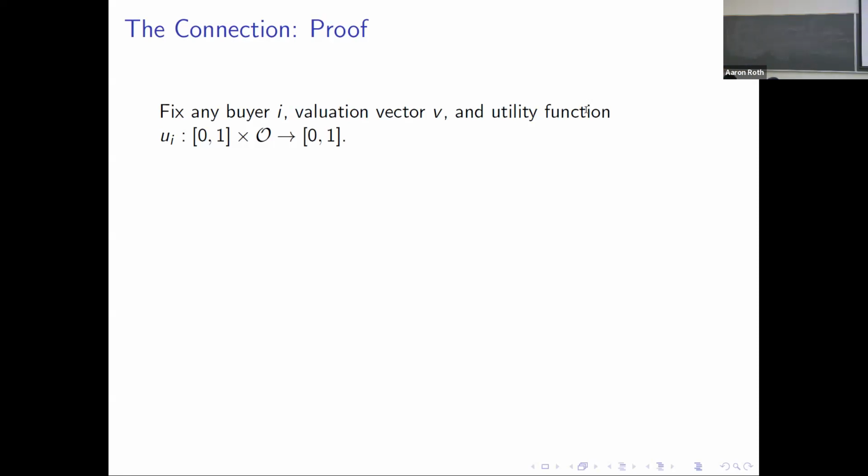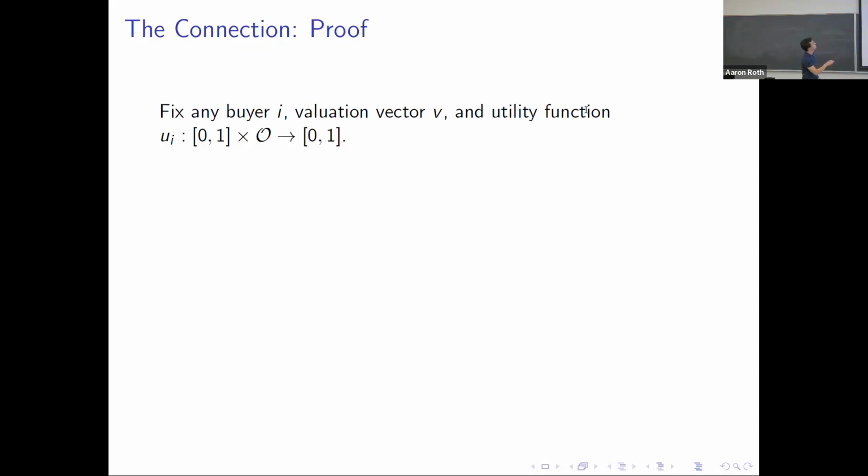Their report feeds into the mechanism, which chooses the outcome. And so what we need to show is that they can't substantially increase their utility by misreporting through this channel of influence, in which their misreport is fed into the mechanism, which then chooses a different outcome or a very different distribution on outcomes.